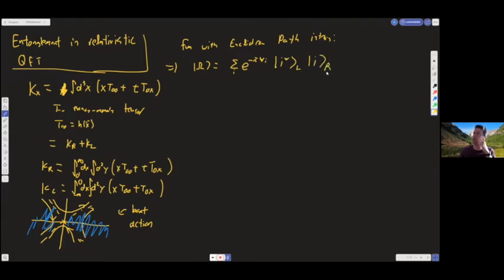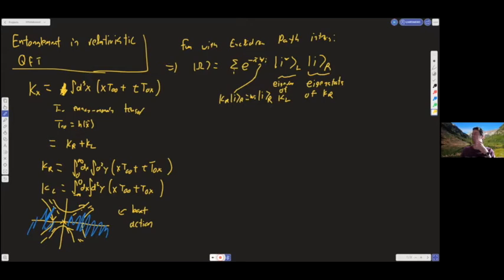Where these are eigenstates of k right, and these are eigenstates of k left. And in fact, this omega_I is defined by k right |I_R> equals omega_I |I_R>.